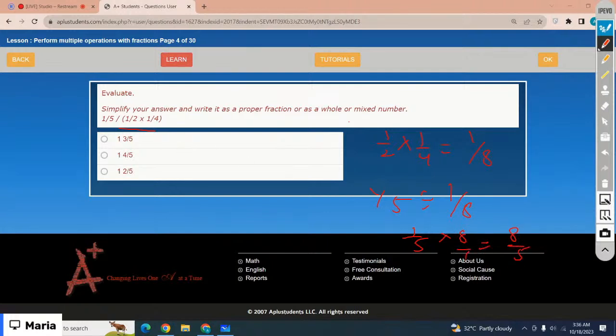Just divide. So 5 times 1 is 5. That would be 1 whole 3 over 5. Option number 1 is the correct option. Got it?